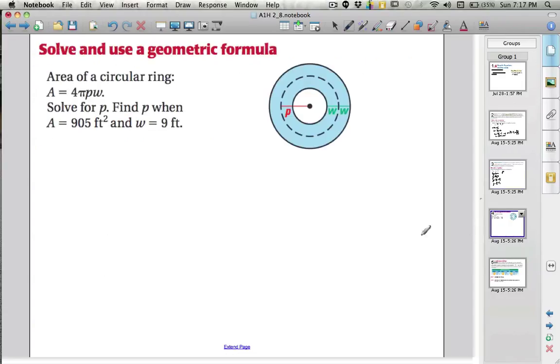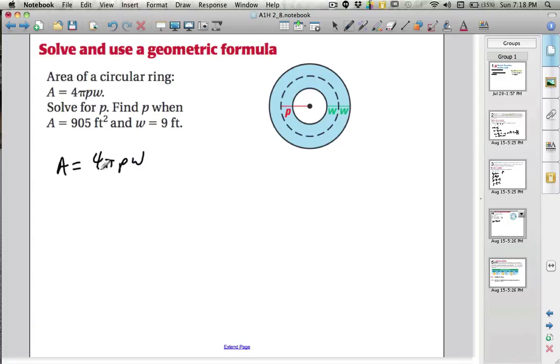Okay, if we look at a geometric formula like this one, the area of a circular ring, my area is equal to 4 times pi times the value of p times the value of w. If I want to solve this for p, I'm going to start with the original equation, 4 pi pw.